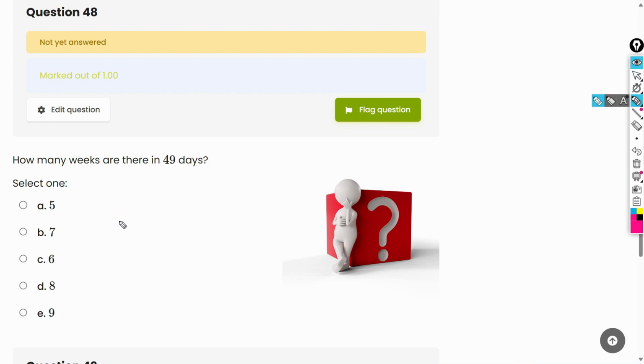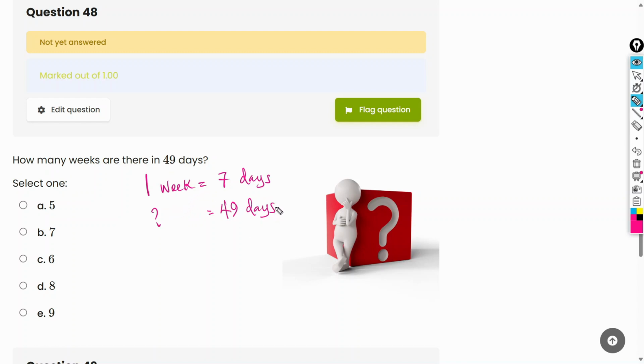How many weeks are there in 49 days? So remember that 1 week is equal to 7 days. So we're looking for how many weeks are in 49 days. So we are changing from days to weeks.